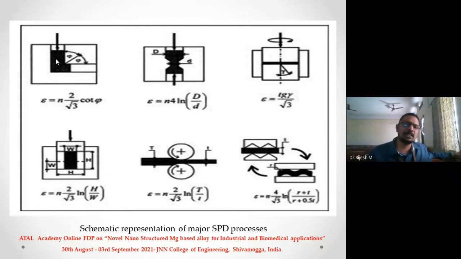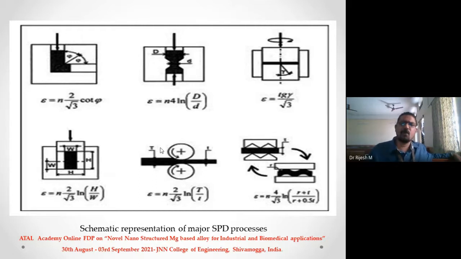But in severe plastic deformation, most of the time, in a process like ECAP, we do not change the shape of the component at all. The shape of the component will remain as it is. In ECAP, you are actually putting an ingot in one channel and taking it out from the other channel, where the diameter of the channels are the same.